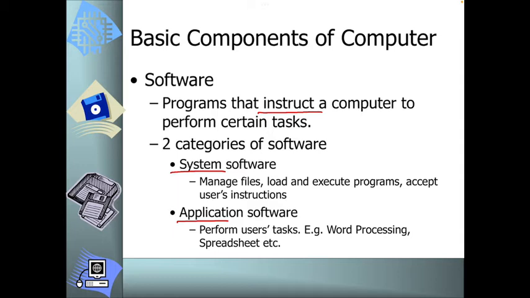For example, system software includes our OS, operating system. For example, we have Windows, Linux, and Mac. These are examples of types of OS. And then we can also have system software such as the BIOS.